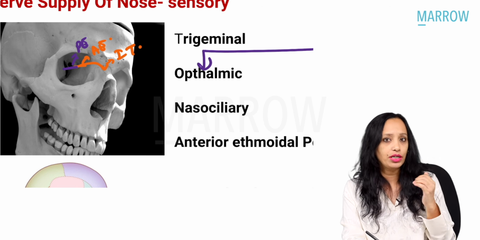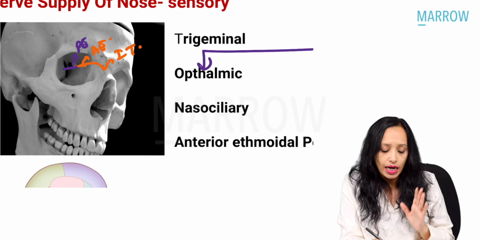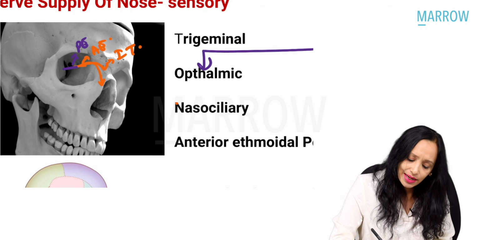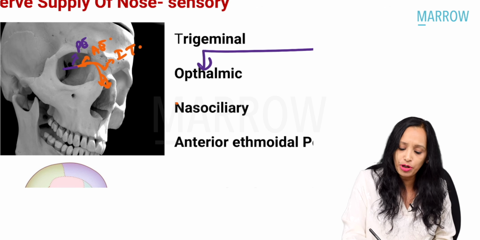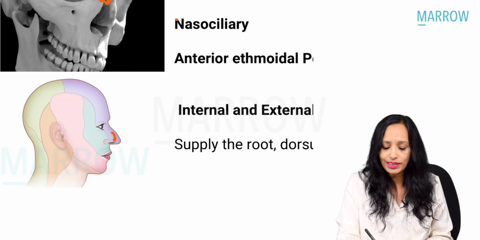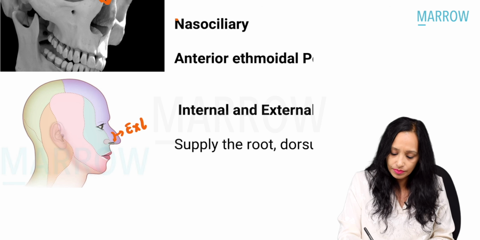They will enter inside the nose and give some supply to the nose. Now the anterior ethmoidal, where it enters inside, gives the internal nasal branch and it gives a branch that pierces in between the nasal bone and the upper lateral cartilage to come on the external surface like this. That is known as external nasal.